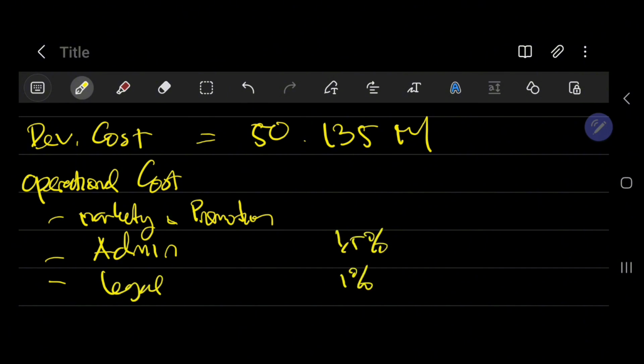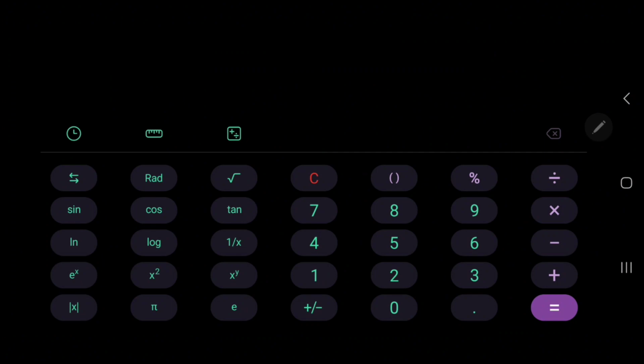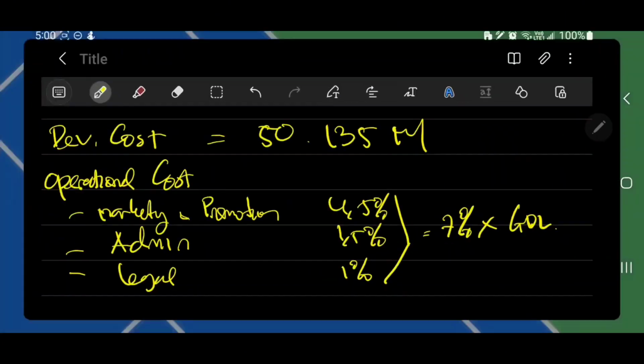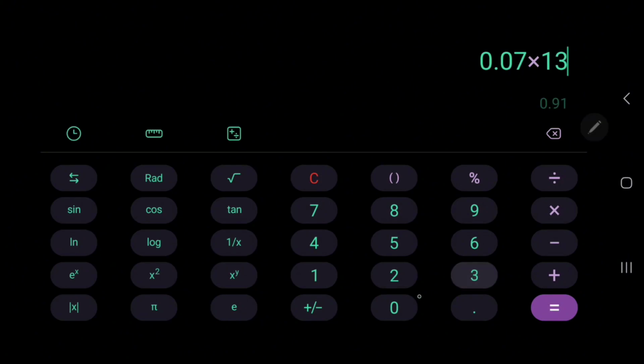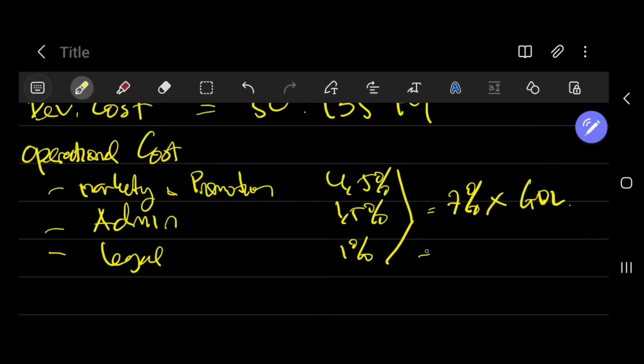The legal is 1%, admin 1.5%, and marketing and promotion 4.5%. And we just summarize the total operational cost is around 7%. So 7% multiplied by the GDV. So the operational cost will be 0.07 multiplied by the GDV, 130.28 billion, which is 9.1 billion.